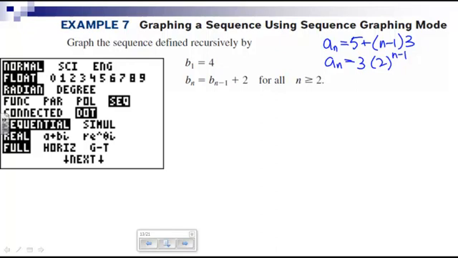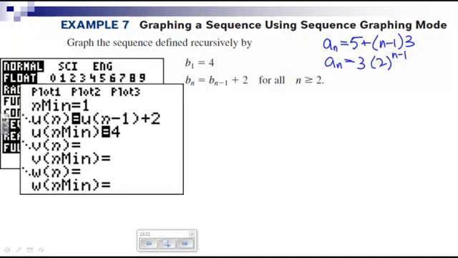Now, once we do that, our y equals menu looks different. We are no longer defining what y and x were equal to like we did in parametric mode, but rather we're defining elements of the sequence. For example, n min.